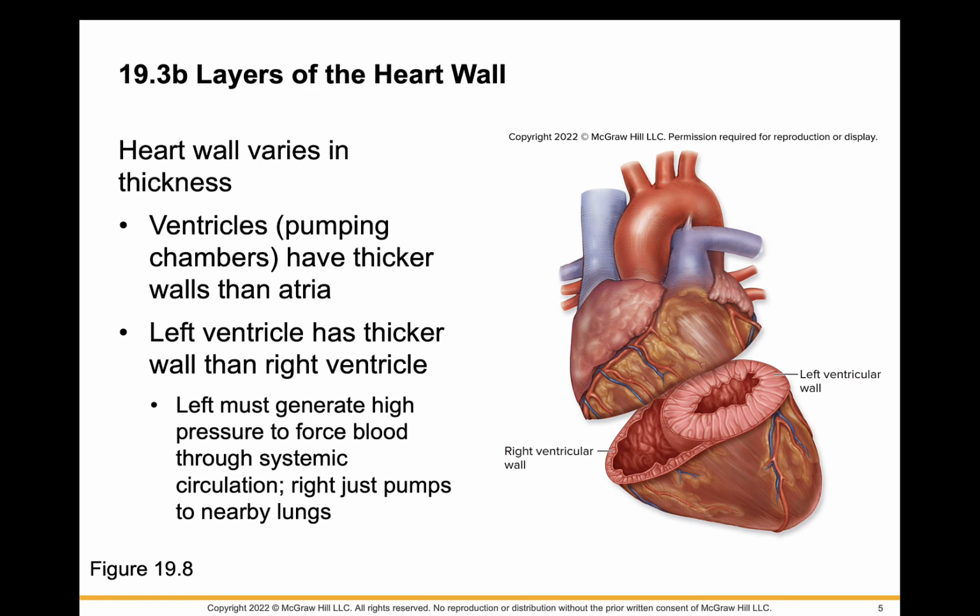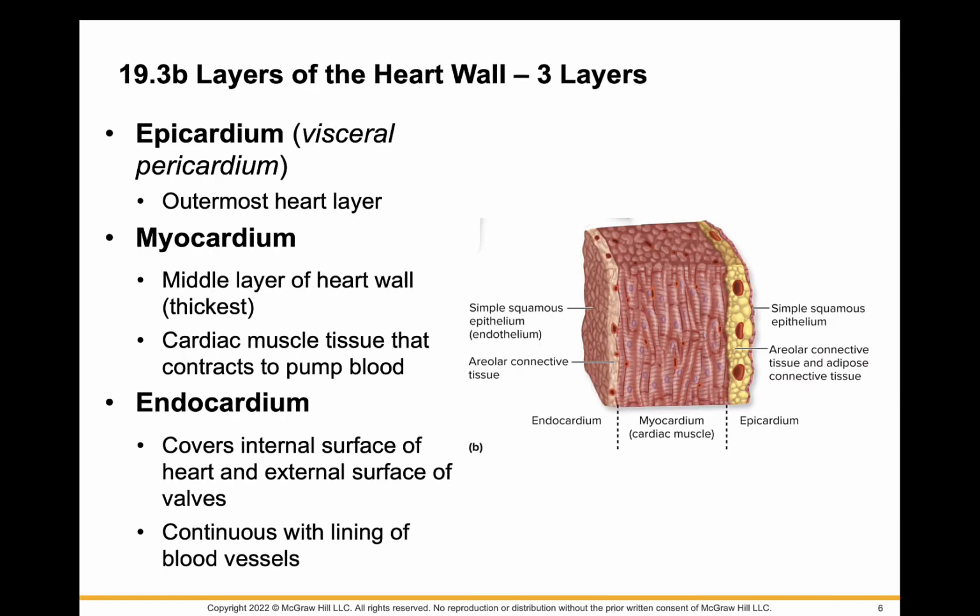But remember, the job of the left ventricle is to generate a pressure gradient strong enough to move blood through the systemic circulation, whereas the job of the right ventricle is to move blood through the pulmonary circulation, so it does not have to generate as much force as the left ventricle.